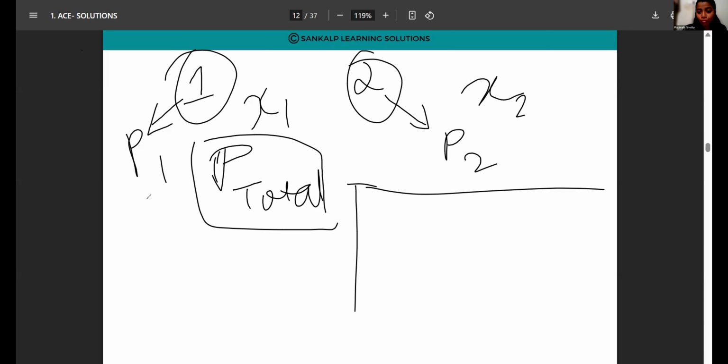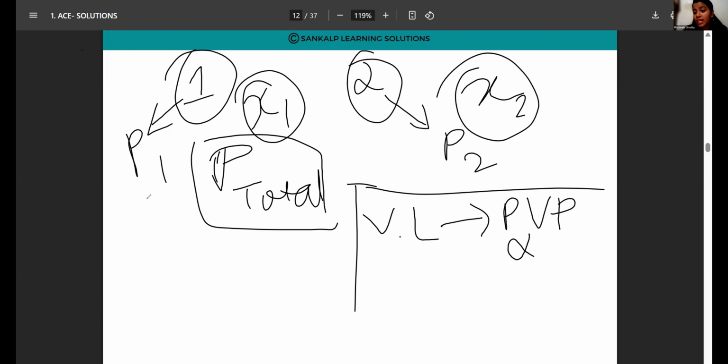For a solution of volatile liquids, the partial vapor pressure of each component of the solution is directly proportional to X1 and X2, the mole fractions.